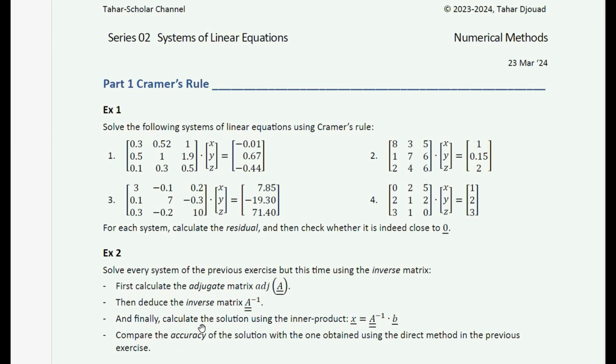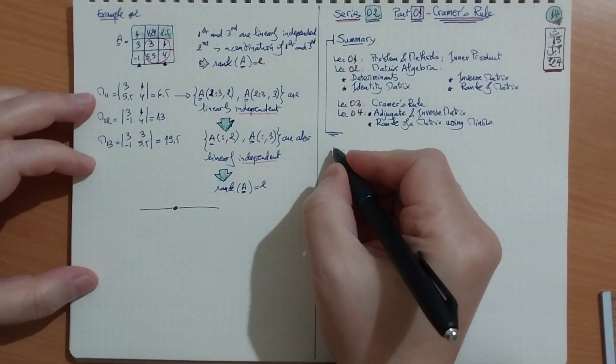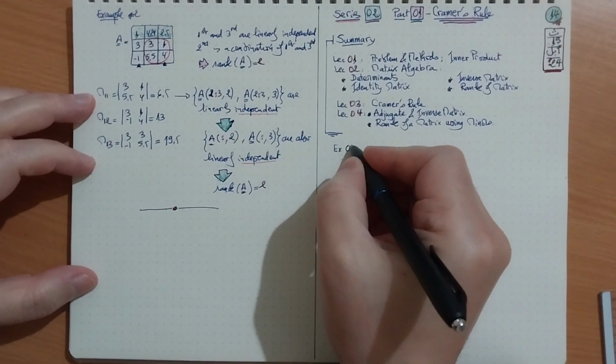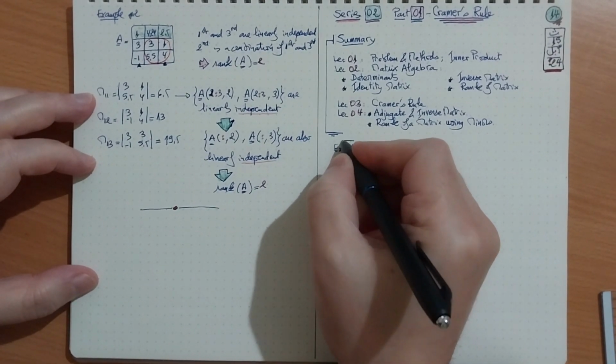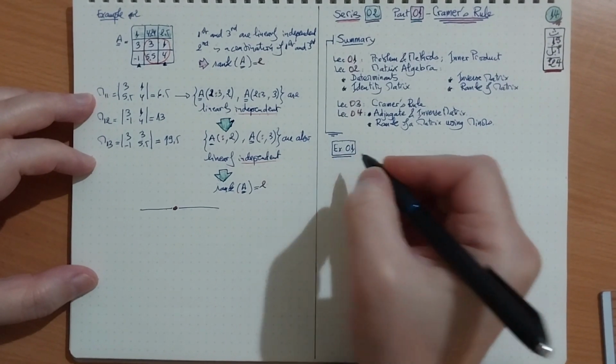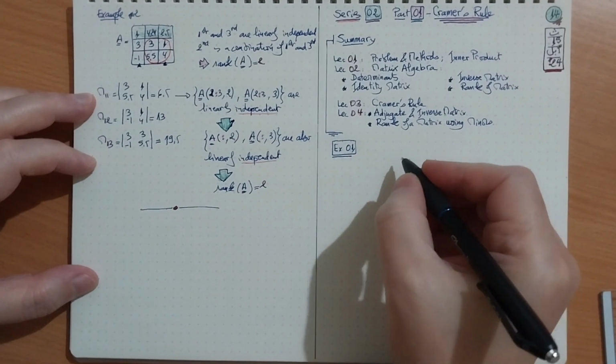Now, for small matrices, it's okay, it's not a big deal. So let's go to our notebook setting and solve the exercises. Let's start with exercise number 1. We have the system.